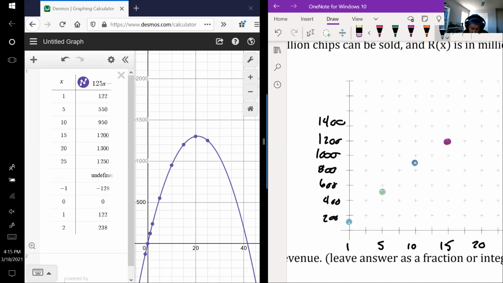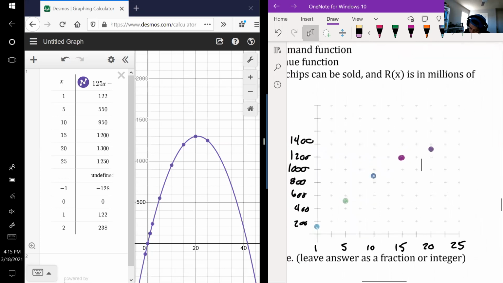And then 20, I'm at 1300, which is right there. And then 25, I'm at 1250, which is probably around just a little bit there. So here's what we look like. Perfect.